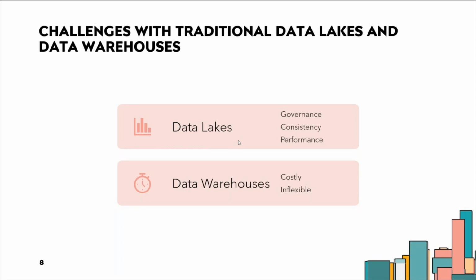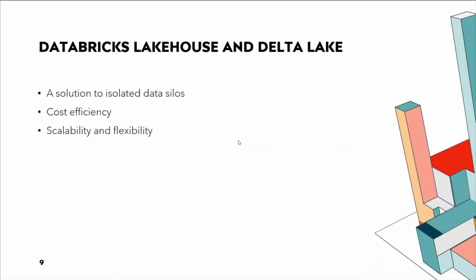Data lakes can hold tons of data and often do hold more than a warehouse, but the speed at which data can move from a data lake is not the same as a warehouse. And then data warehouses are typically more costly than data lakes, and they're also inflexible. So either one of these on their own have these issues, but they can work together to create a full process for data warehousing.